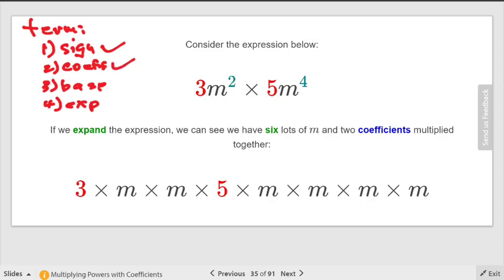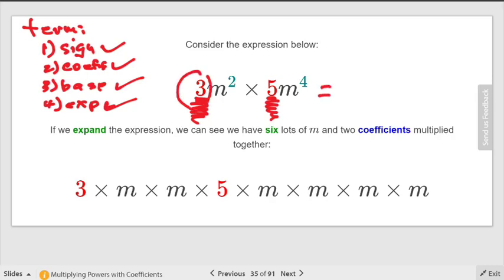Then the coefficients. Which coefficients of a term means which parts? The number parts. And then we keep the base and do what to the exponents? Add them. So here we go.